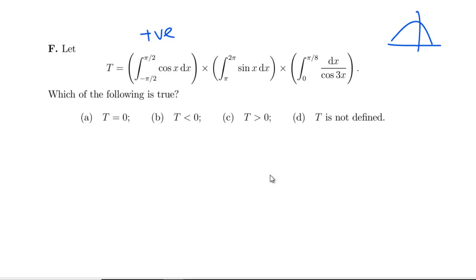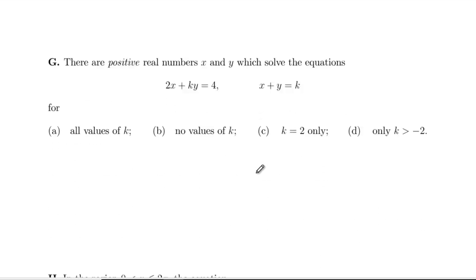Sin x between pi and 2 pi, that would be some negative area. Integral of something to do with cos between 0 and pi by 8, so somewhere in this region, that's going to be positive as well. So it's going to be negative all in all. So that is B. Right, that was easier than it looked as though it was going to be.